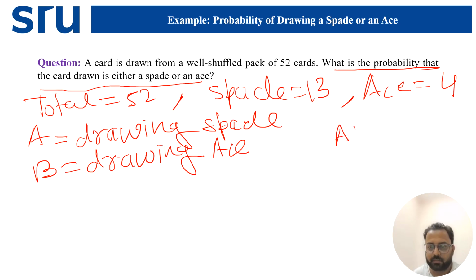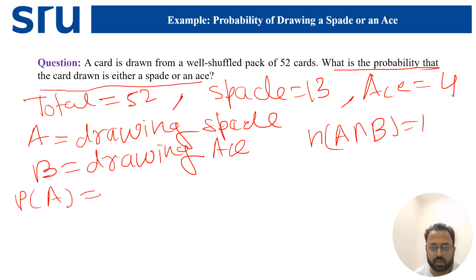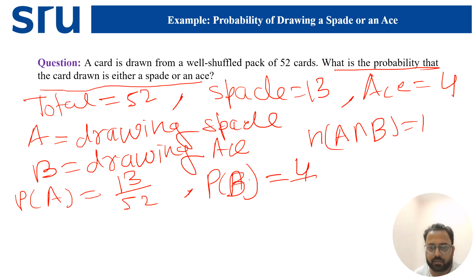So in A intersection B, the number of elements is 1. So probability of A, total 13 spade, so 13 by 52. And P of B, because we have taken B as the event of drawing an ace card, is 4 by 52. And probability of A intersection B is 1 by 52.